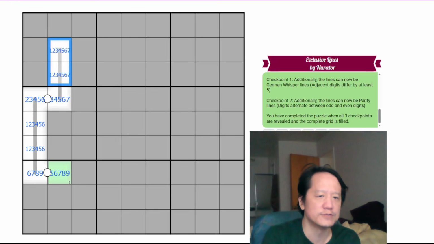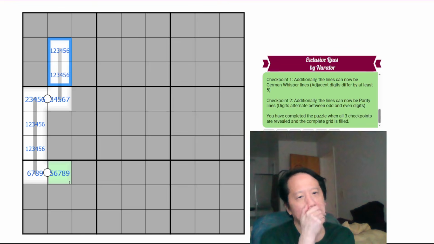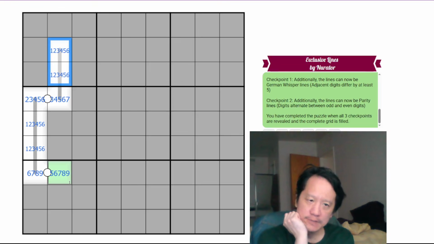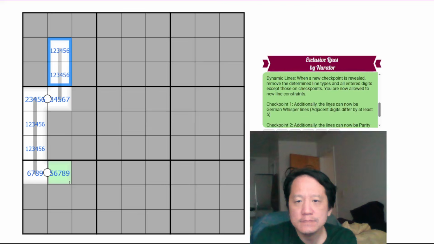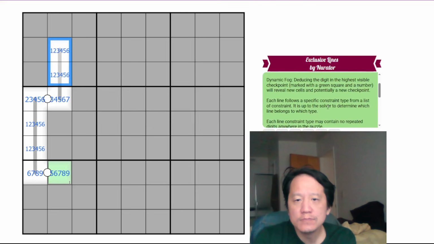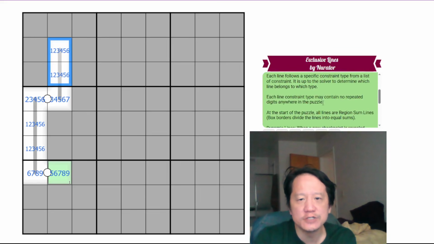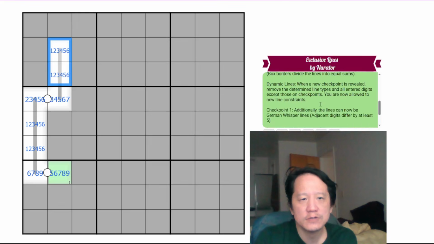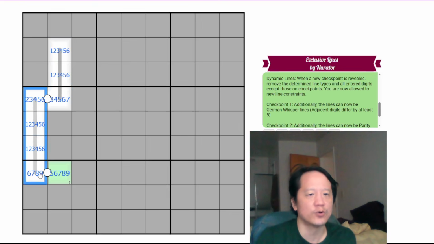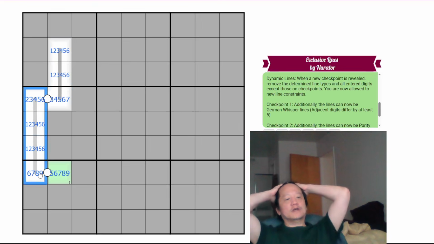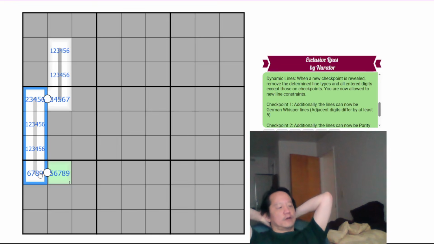And it can be 1 through 6 here. And we can't have repeat digits on the constraint types. Okay, so these cannot have repeats, and these 4 cannot have repeats. Interesting. Okay.